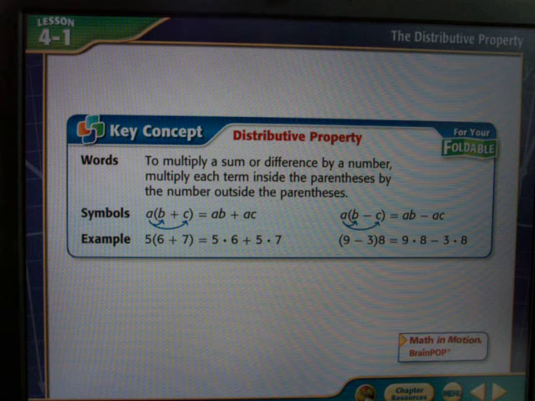But we can multiply A times B plus A times C. And the same thing with the subtraction symbol. Whatever's on the outside is going to get multiplied by each term on the inside. So it's just one way to simplify an expression, especially when we don't know the value of some of the variables.